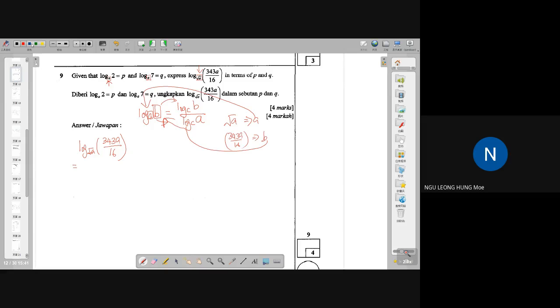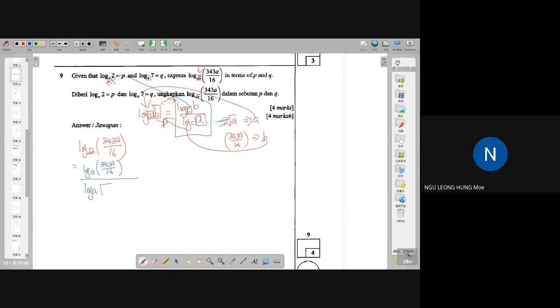So tukar kepada format ini will be log. C sekarang ni kita nak tukar kepada A, so that means log A, B, iaitu 343A over 16, over log A lagi. Yang ini A ialah square root of A.